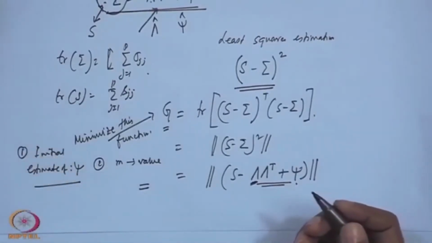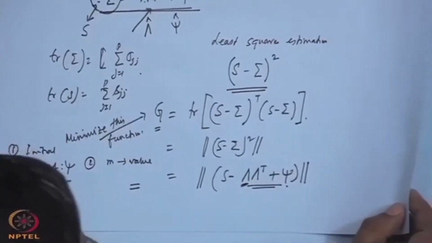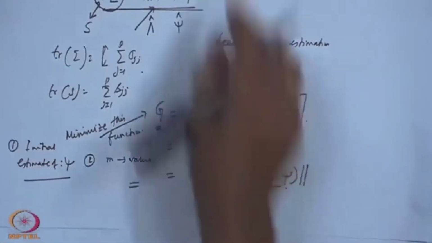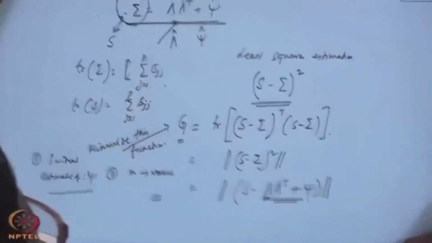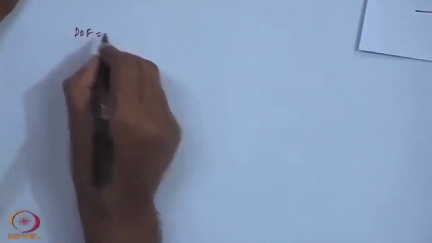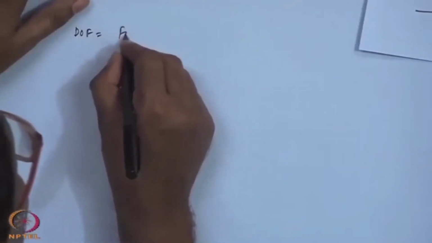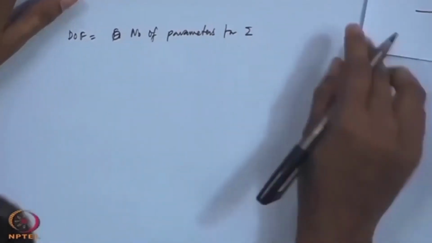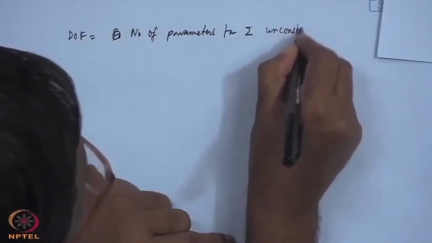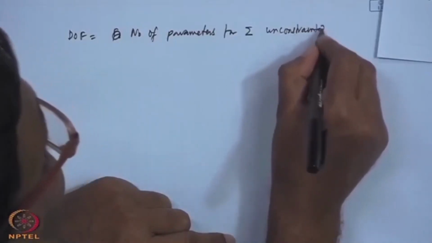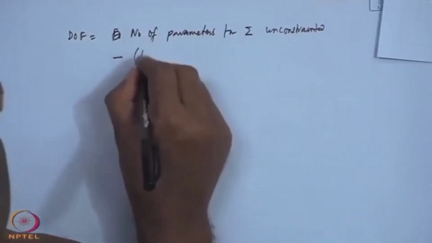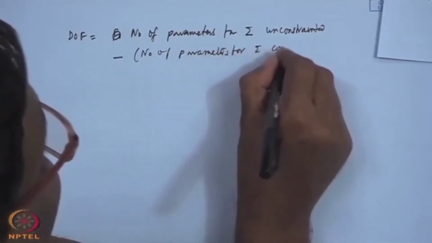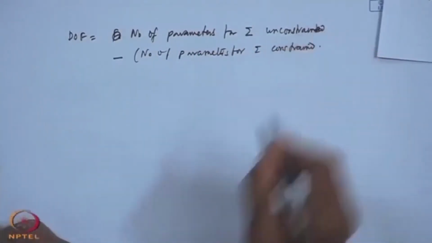Essentially, if we look into the factor model, the number of parameters to be estimated and the degrees of freedom available, we find that the degrees of freedom is the number of parameters for that capital sigma, unconstrained, minus the number of parameters for sigma constrained.